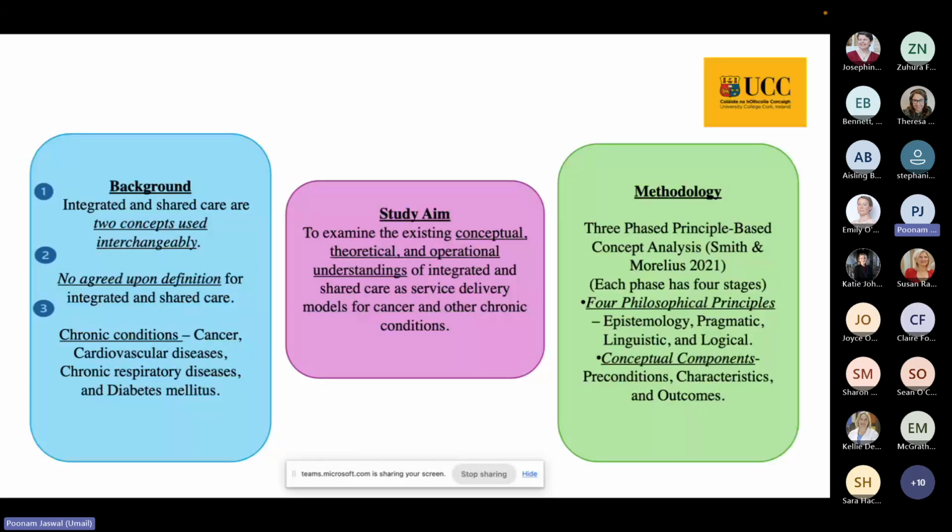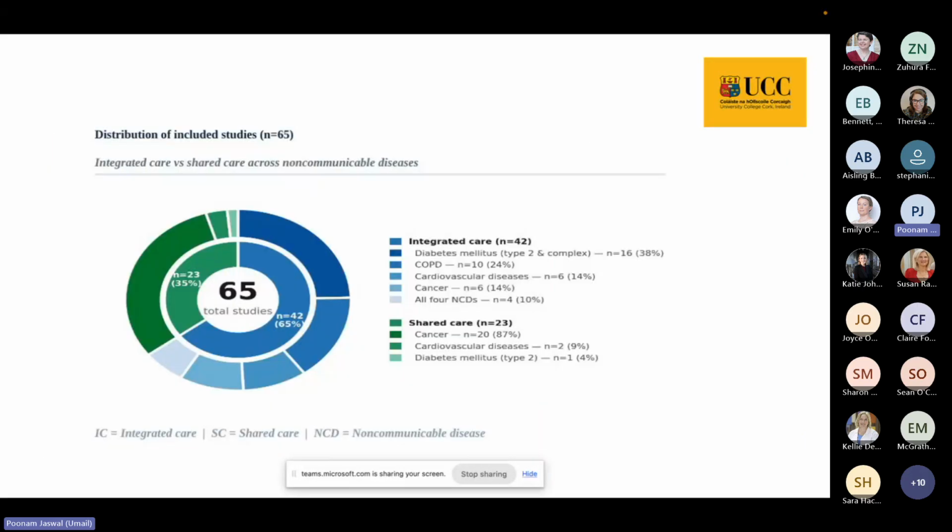Moving to the next slide. This slide illustrates that across the concept analysis, a total of 65 studies were included. Of these, 42 focused particularly on integrated care and 23 focused on shared care.